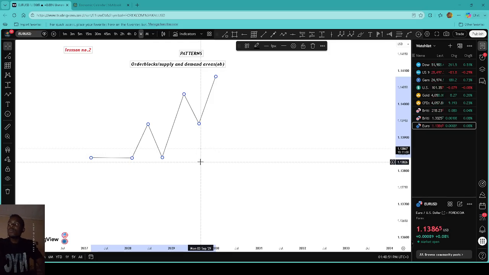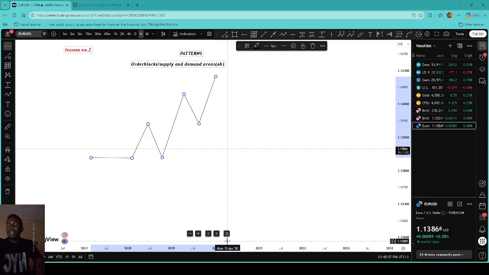Now we have ways and criteria of looking into order blocks. Not every order block works, and sometimes not even the ones that reach our criteria work. Sometimes they fail. That's because of maybe price movement or other things affecting price.